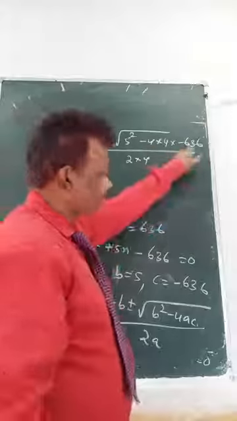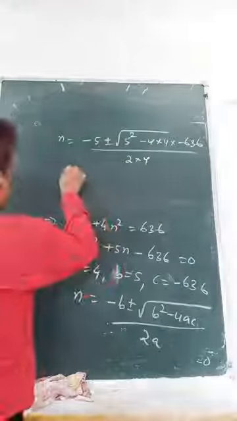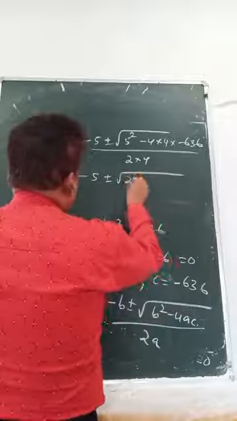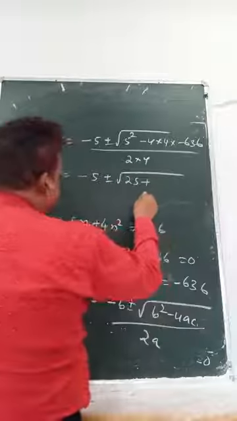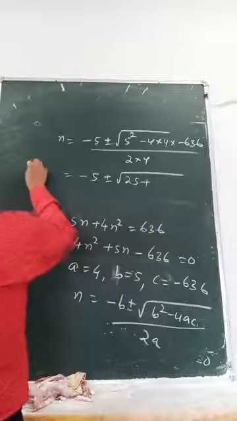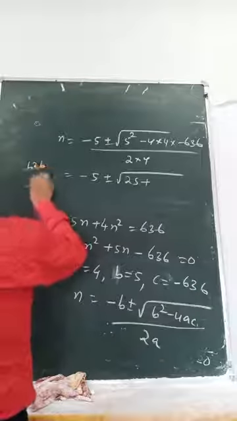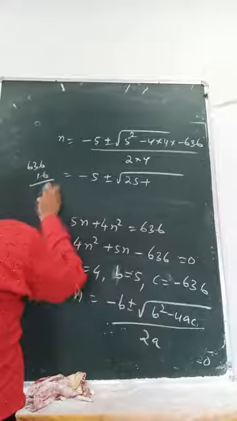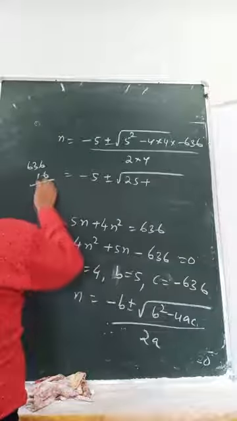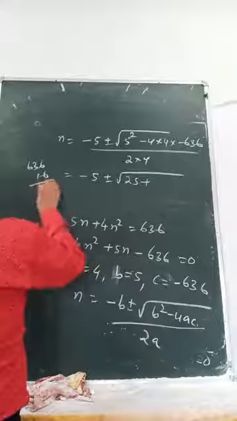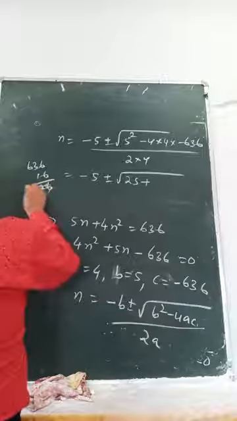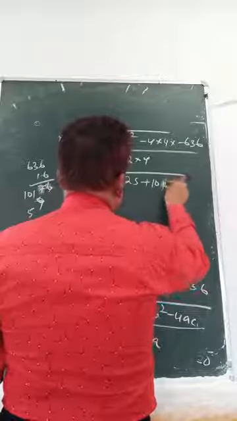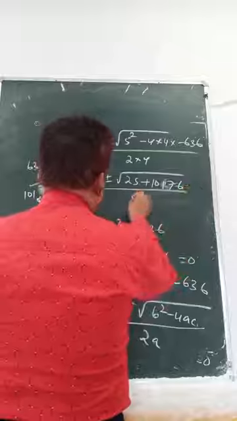So minus 5 plus minus square root of 25 plus 636 multiplied by 16, by 8.